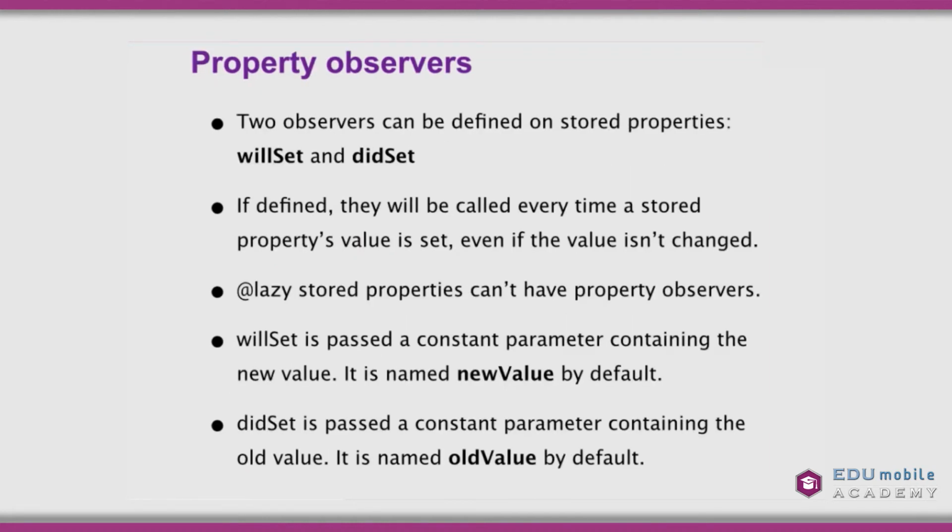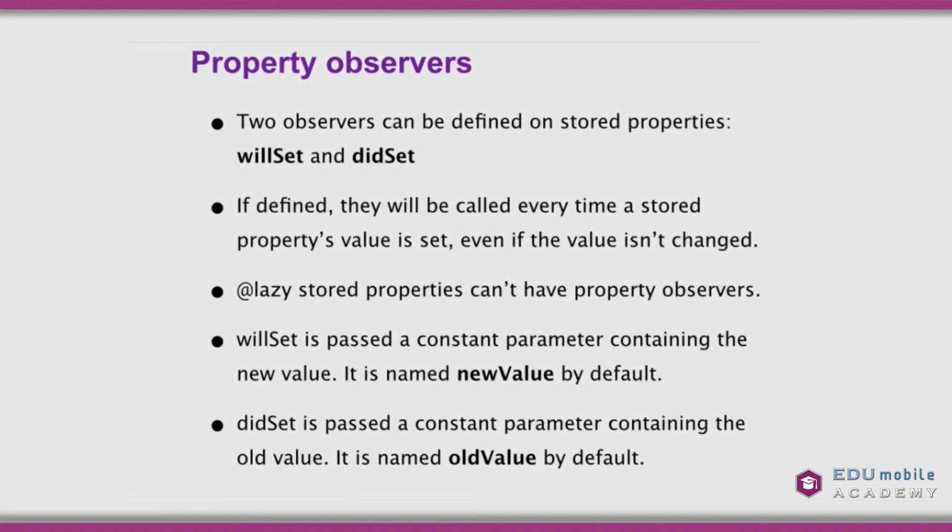Okay, let's go on. When the value of a property changes, we can observe that change. There are two observers for properties, or property observers, and they are called willSet and didSet. If they are defined, they're going to be called every time a stored property's value is set, even if the value doesn't change by that set operation.